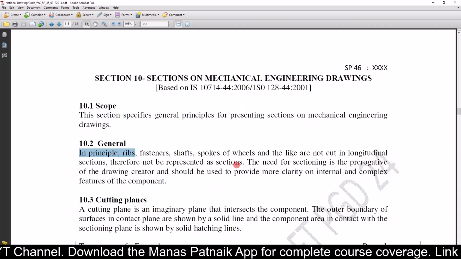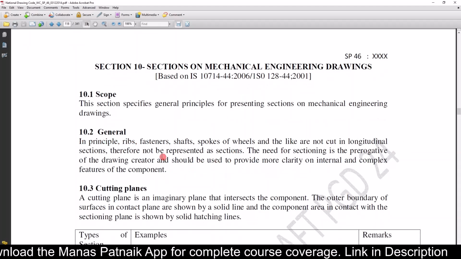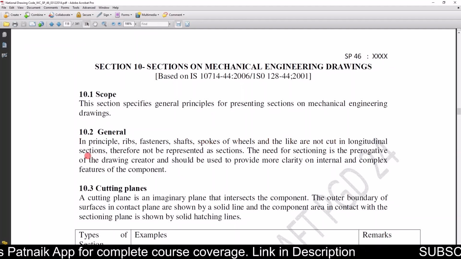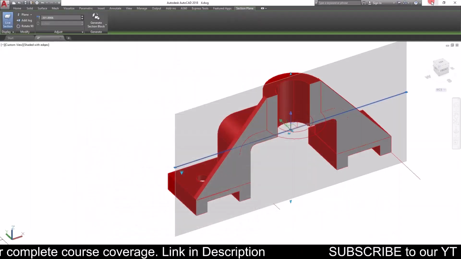Even in the software you can offset the section. Anyway, please remember: ribs, fasteners, shafts, spokes of wheels and the like are not cut in longitudinal sections, therefore not to be represented as sections. So please remember this thumb rule.